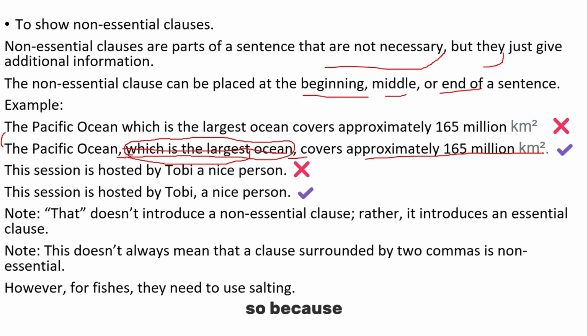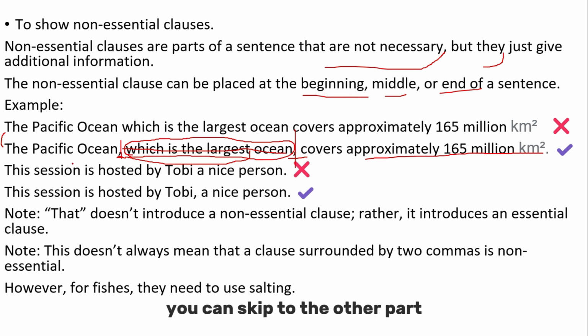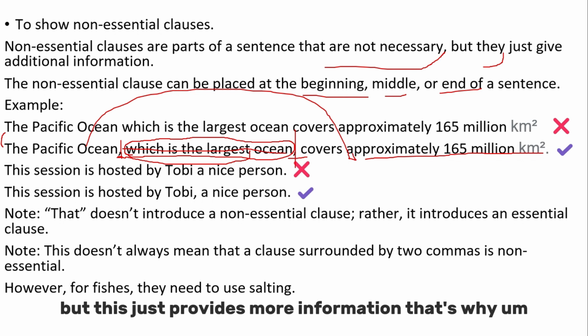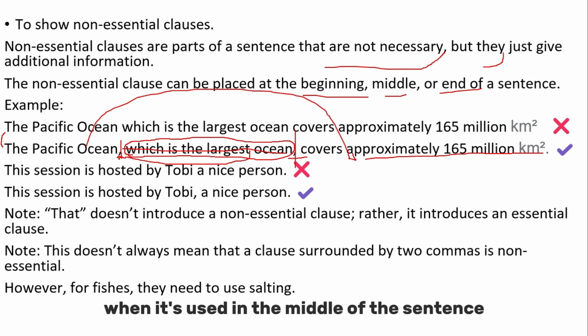So because the non-essential clause is used in the middle of the sentence, it's going to be surrounded by two commas. These commas serve like a boundary, like saying this is non-essential. You can skip to the other part, but this just provides more information. That's why a non-essential clause is surrounded by two commas when it's used in the middle of the sentence.